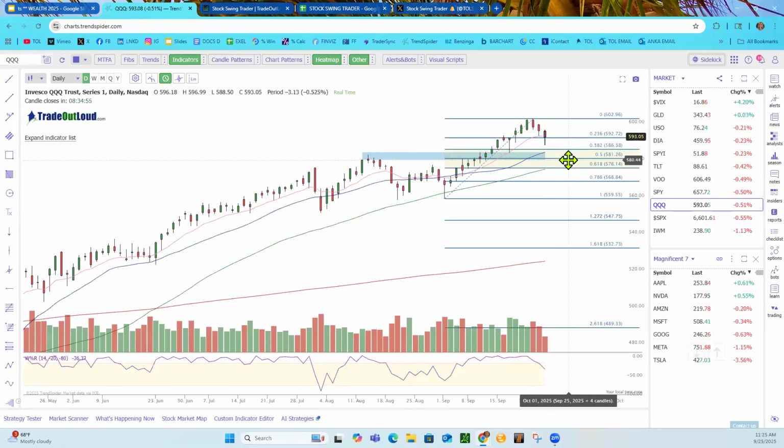So there are algos out there, and there are institutions that put limit orders around the 50% and put limit orders at the 61.8%. And what they do is that if the price pulls back into these areas, they get filled. What I like to do is I don't put in limit orders, but I place alerts.